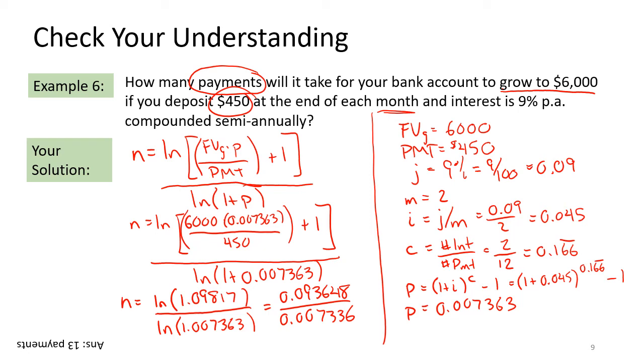This way really allowed me to see everywhere that you made a mistake. So it's up to you, but know that you do need to show this information here. So if you finish this calculation, you get a value of n of 12.77, which rounds to about 13 payments.